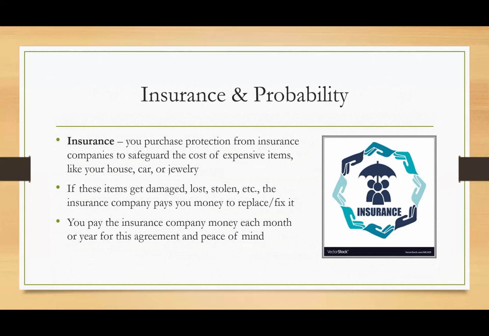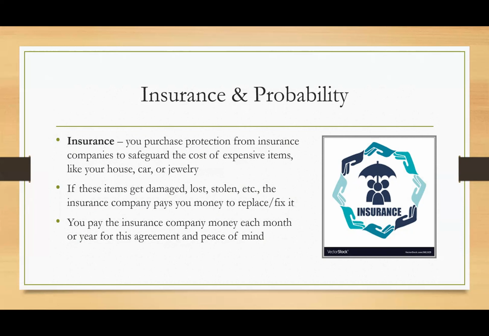So if you're not aware, a quick recap of what insurance is. How this works is you purchase protection from insurance companies to safeguard the cost of expensive items, like your house or car or jewelry. So if these items get damaged, lost, stolen, etc., the insurance company pays you money to replace or fix it.